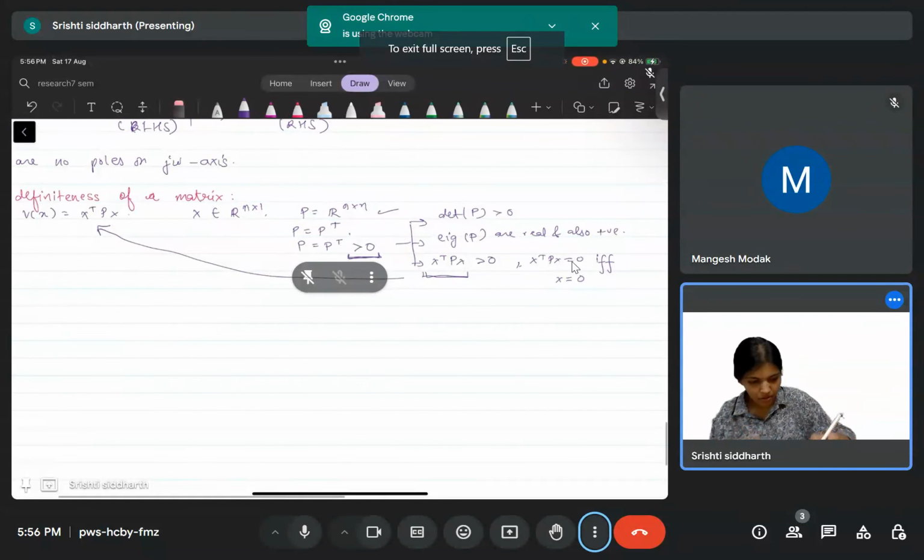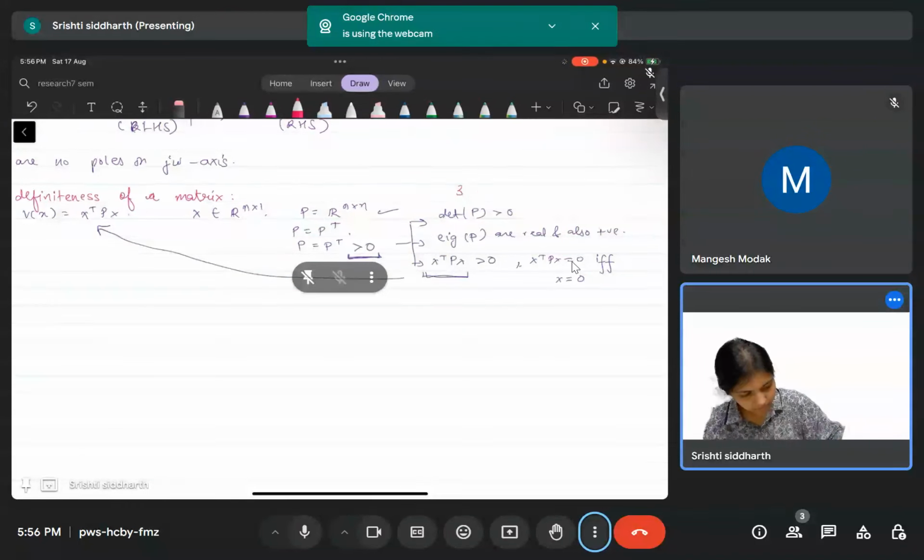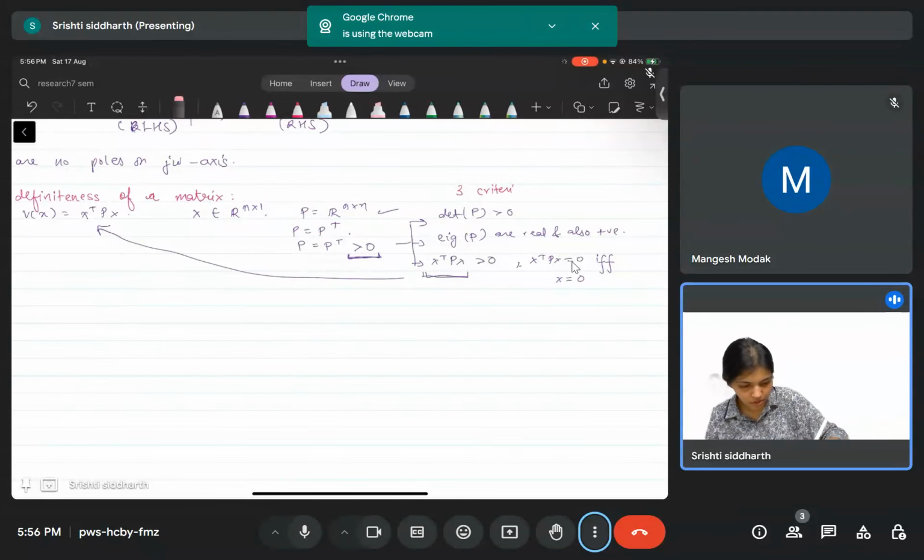So there are some features to check if this is positive definite. Of course, there are more as we have seen in the lecture.